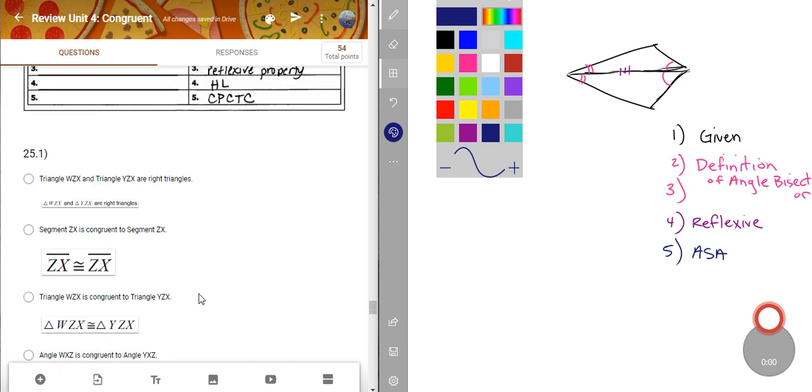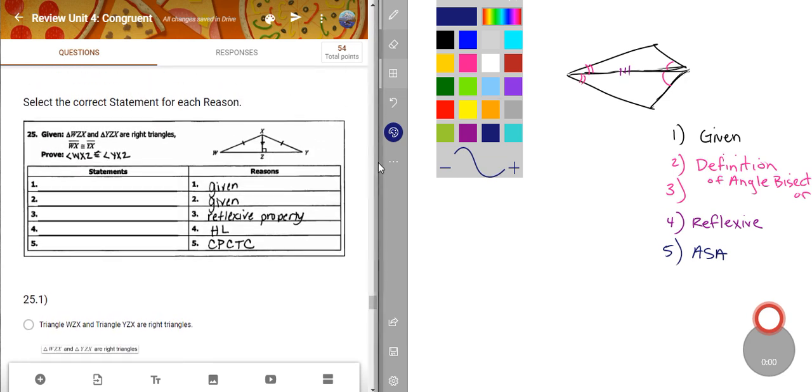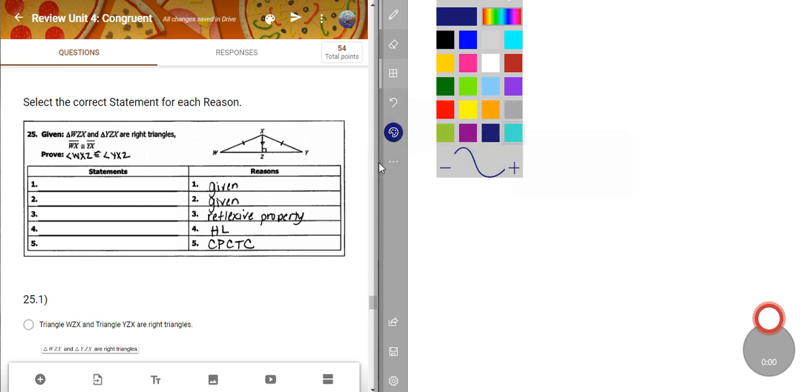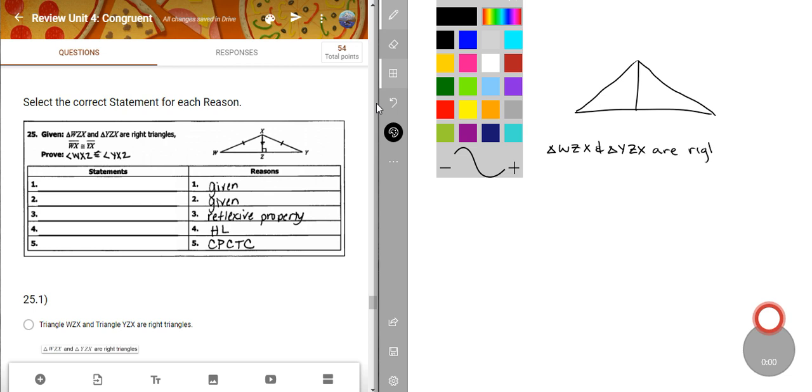And I think the last one here for us is making the statements off the reasons. So let's kind of look the other direction. All right, so again, always starting with a given, just like we expected. In this case, we're looking at triangle WZX and triangle YZX are right triangles.